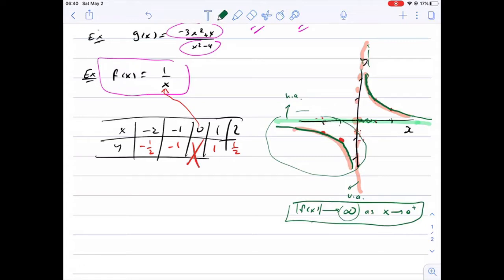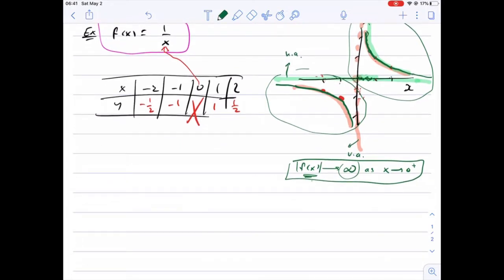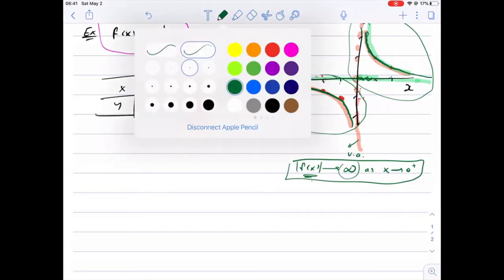We just consider the right part, because when we take the absolute value, we get just positive values. So as x gets closer and closer to 0 from the right, the graph of the function goes to infinity. We'll elaborate on this when we discuss the mathematical setting of asymptotes, but this is just an example.